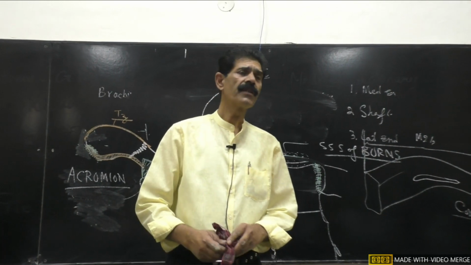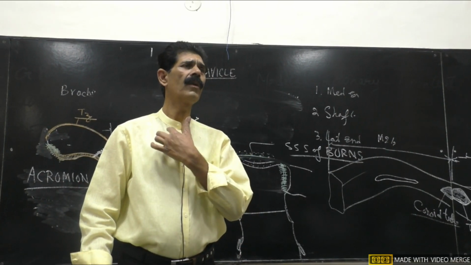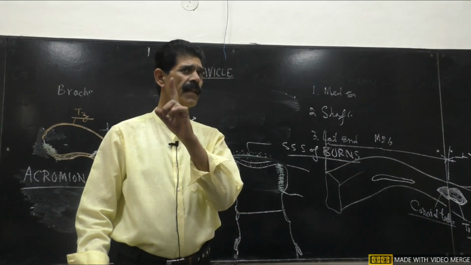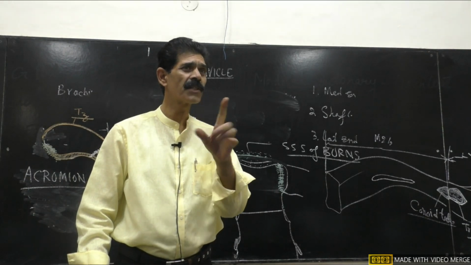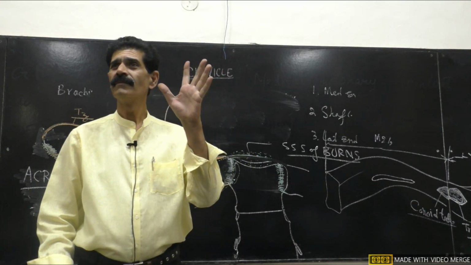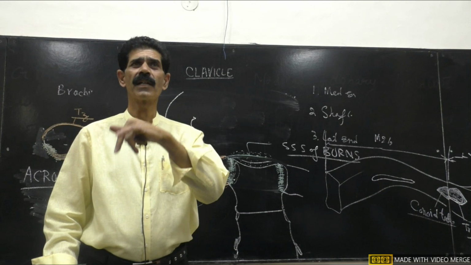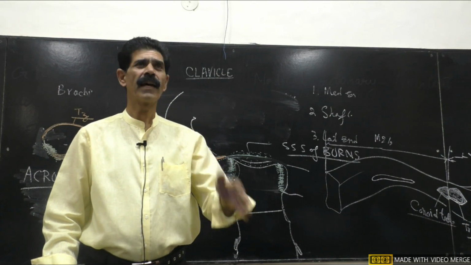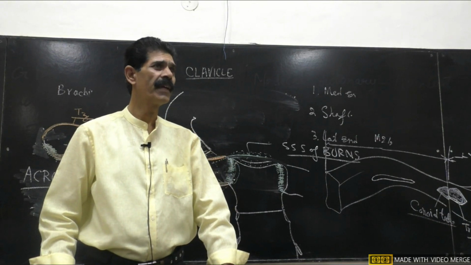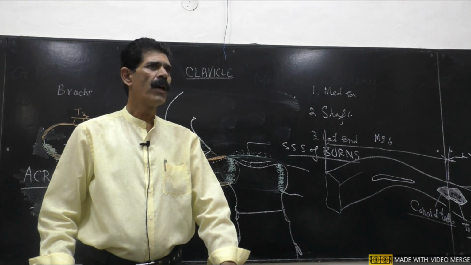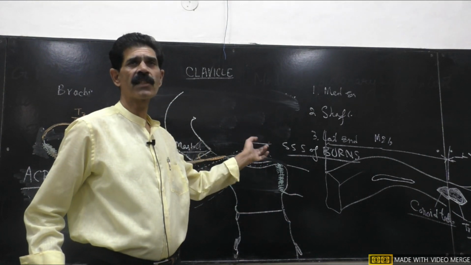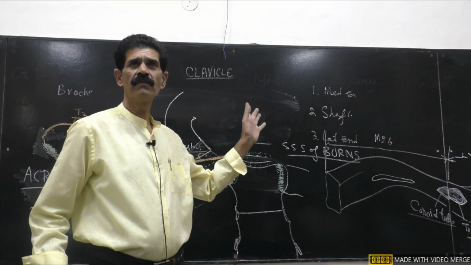Why is it silent? Because it is a long bone lying horizontally, and it is a non-weight transmitting bone. If the weight had been transmitted through it, you might have experienced the pain. And see the fixation of the clavicle, so beautifully.